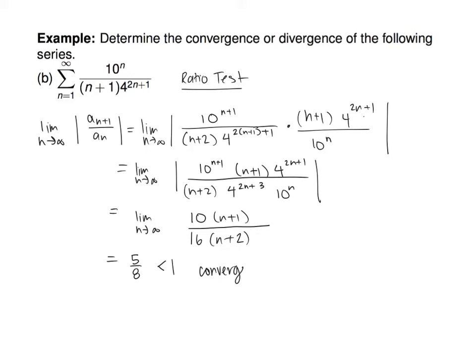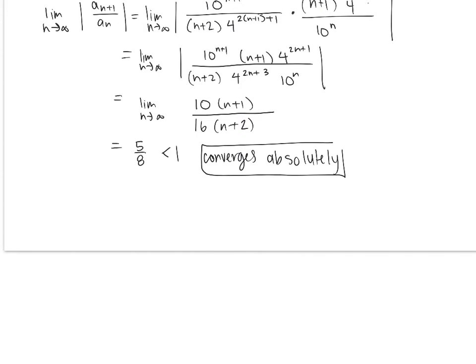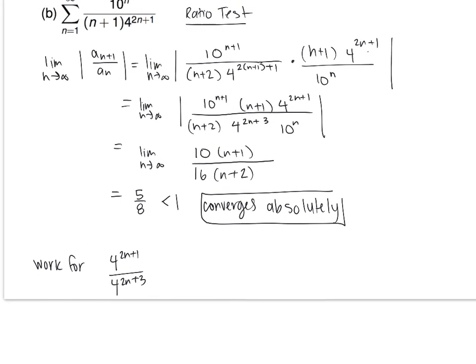Excuse me. Could you show me how you did the 4 to the 2n plus 1? Yes I can. Okay, so the work for 4 to the 2n plus 1 over 4 to the 2n plus 3. That's what you'd like to see, right? No, I mean, how is that 2 times the quantity n plus 1? Because if you factor out the 2, wouldn't it be 1/2?